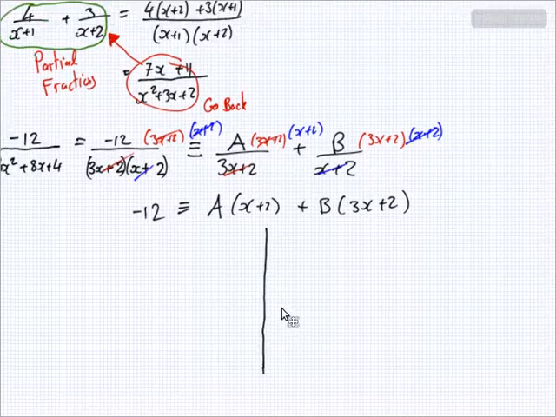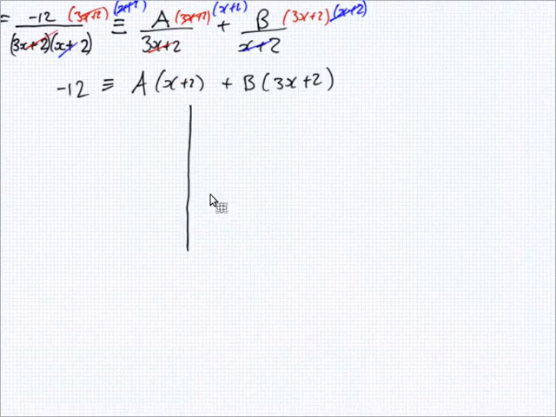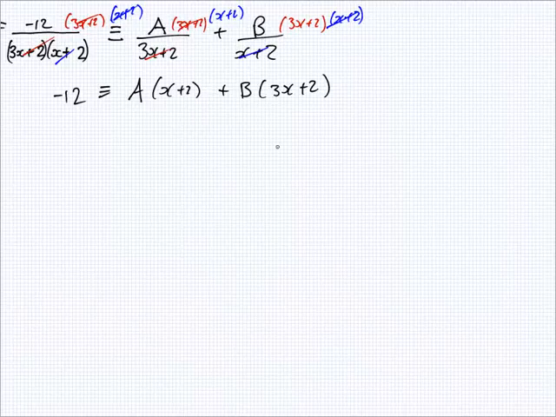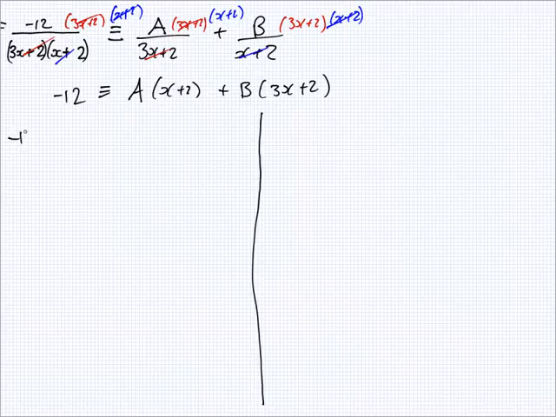Okay, let me just make a bit more space. Right, so the first method here is you multiply it out. You get minus 12 should be the same as ax plus 2a plus 3bx plus 2b.